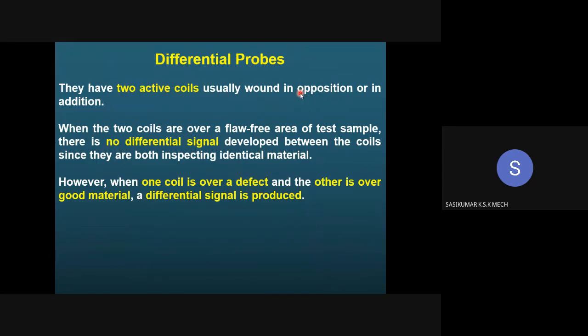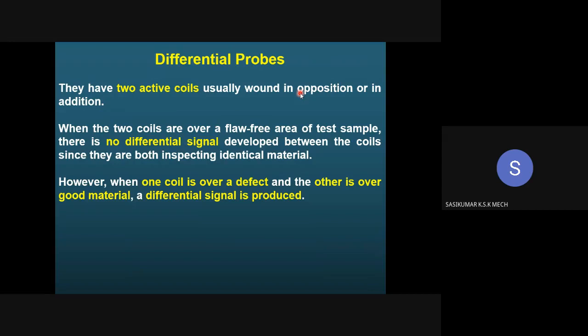So here these two coils are wound in opposite directions or in addition. When the two coils are over a flaw-free area of the test sample, there is no differential signal developed between the coils, since they are both inspecting identical material.